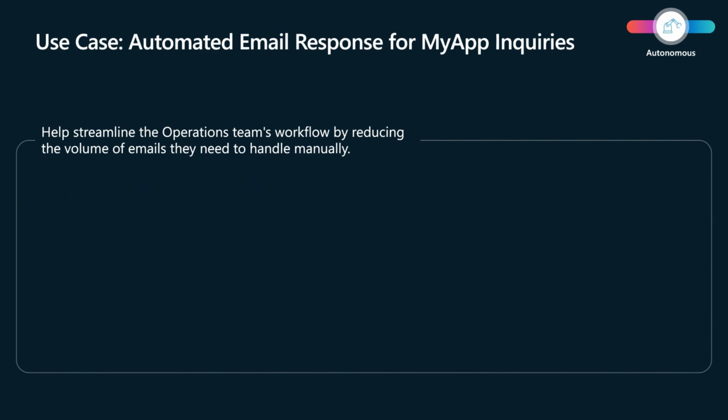In today's demo, though, what I'm going to show you, or we can build it together, is the agent that can streamline the operations team's workflow by reducing the volume of emails they need to handle manually. So this is a very common use case, because you might have agents that you invite users to use, but not all the users are going to adopt or use that.